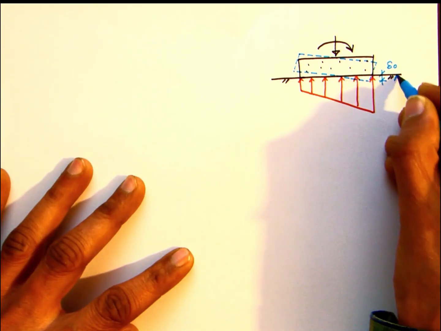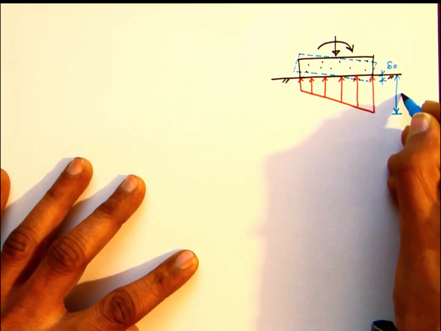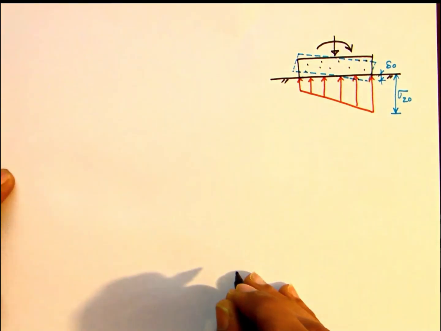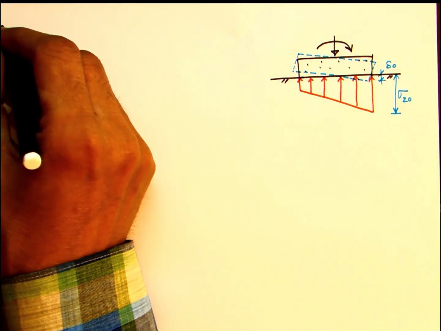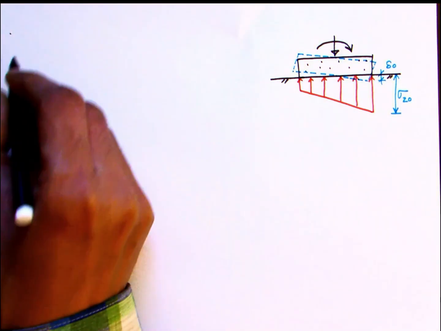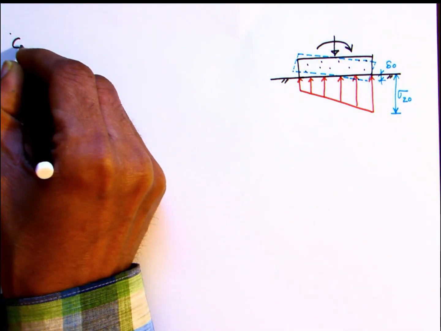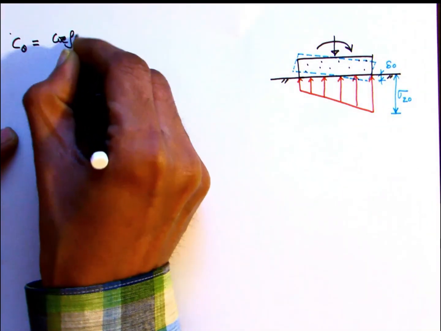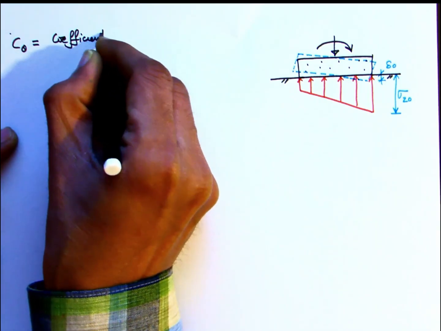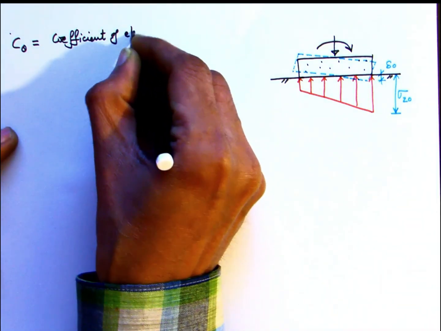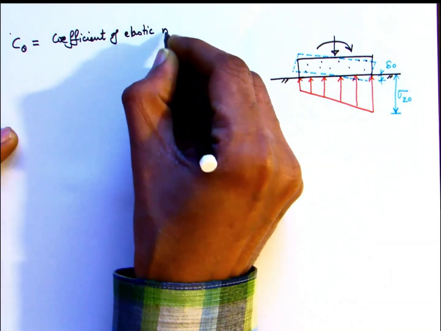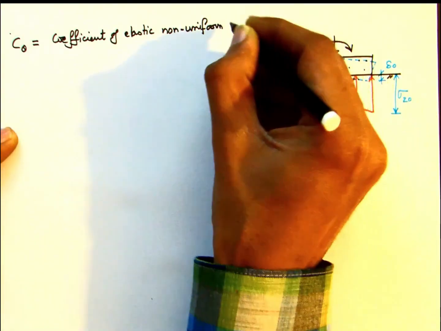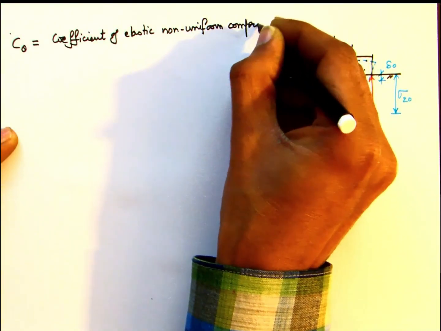So if the displacement at the extreme right corner is delta naught and the corresponding vertical stress is sigma z naught, then we can define the elastic constant C theta, which is called the coefficient of elastic non-uniform compression, meaning that it's related to compression but non-uniform, induced by a combination of bending moment and vertical direct force.